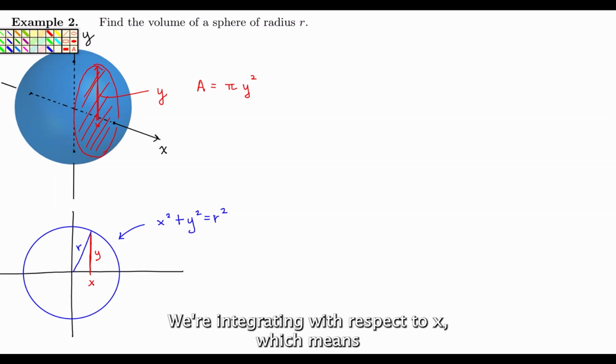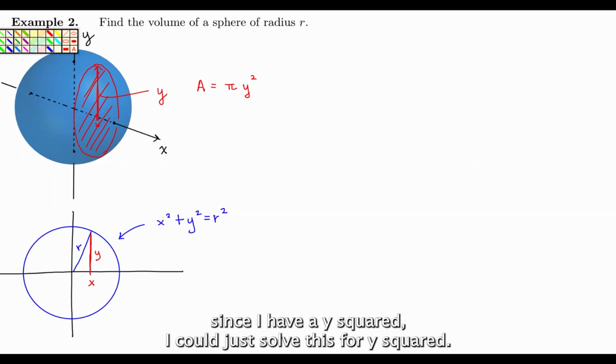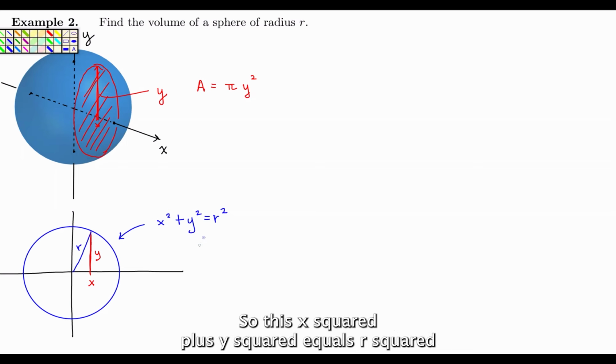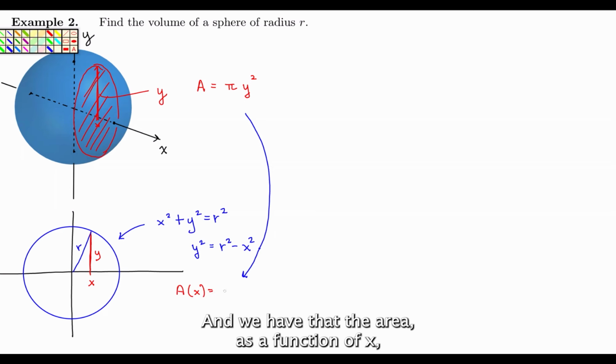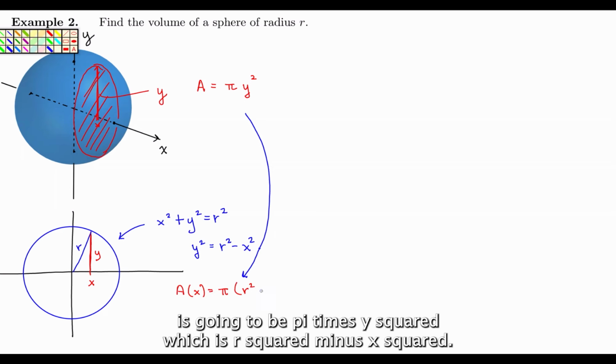We're integrating with respect to x, which means we need to have the area written as a function of x. So rather than solving this equation for y completely, since I have a y squared, I could just solve this for y squared. So this x squared plus y squared equals r squared says that y squared then is equal to r squared minus x squared. So bring that up here, or bring this down here, and we have that the area as a function of x is going to be pi times y squared, which is pi times r squared minus x squared.